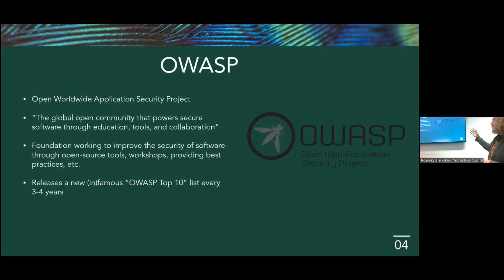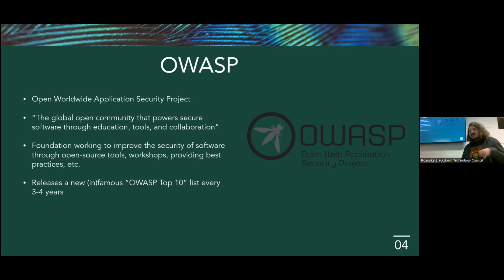So without further ado, OWASP. They are the Open Worldwide Application Security Project. They've been together since, I think, the early 2000s. Their statement is: the global open community that powers secure software through education, tools, and collaboration. So these guys are a foundation that are constantly working to improve the security of software through different kinds of open source tooling.